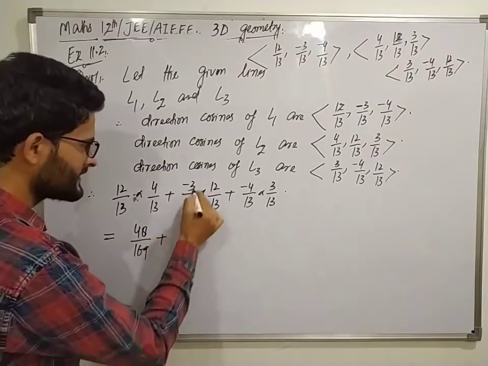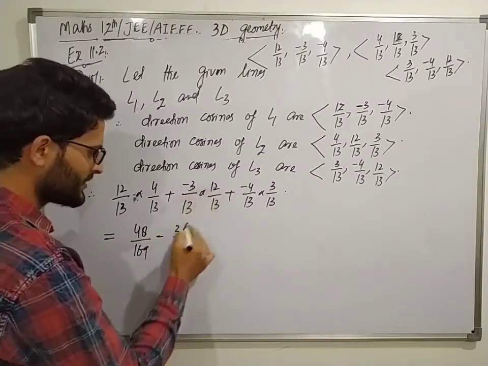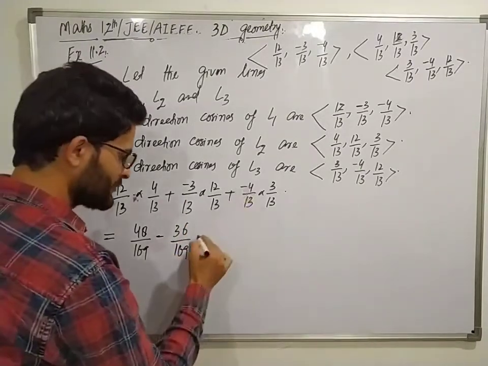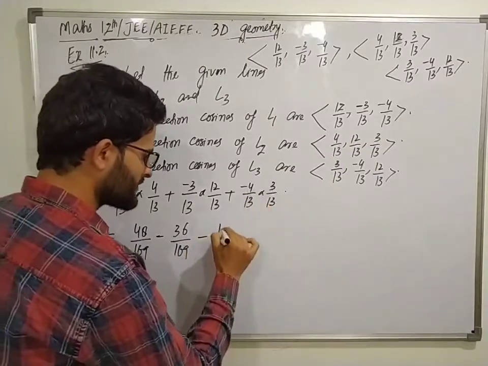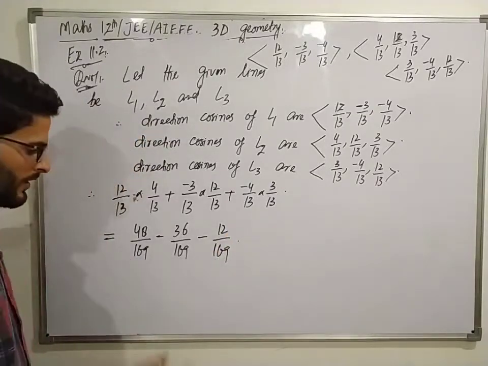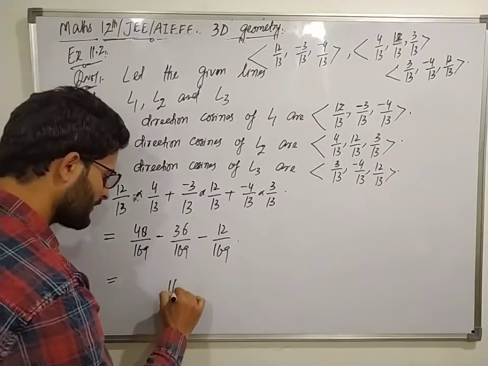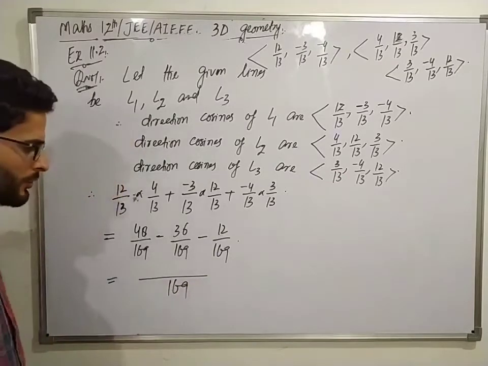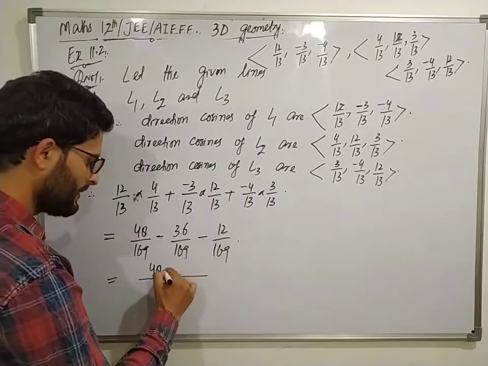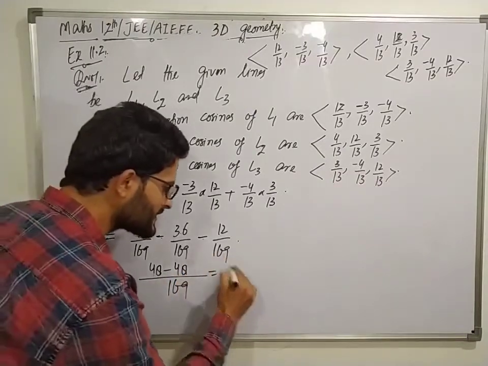Plus into minus is minus. 3 12s are 36 divided by 13 into 13 is again 169. Clear? Plus into minus is again minus. 4 into 3, that's 12 divided by 13 into 13 is again 169. 169 is a common denominator, so we keep it common. On top, what will it be? 48 minus 36 and minus 12, that makes minus 48. So 48 minus 48 is zero, and zero by anything is zero.